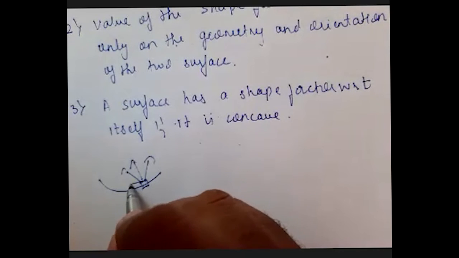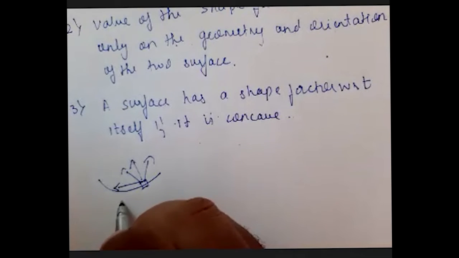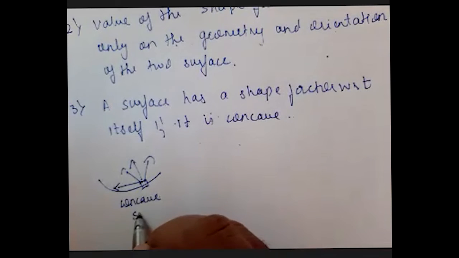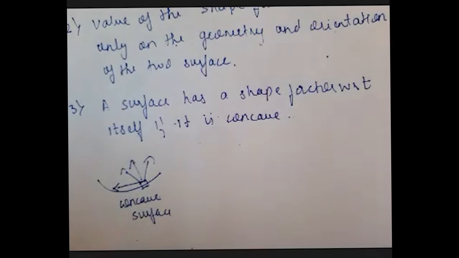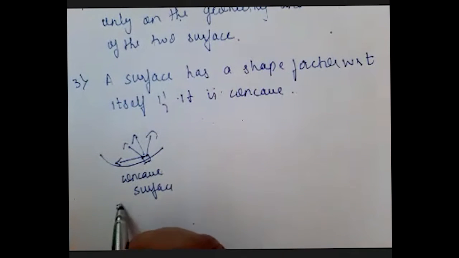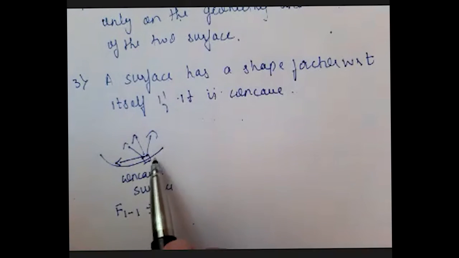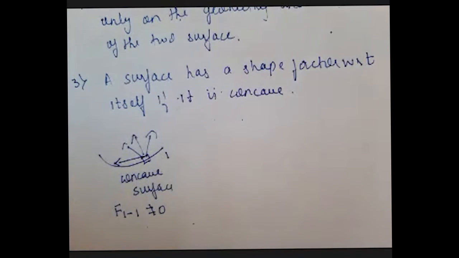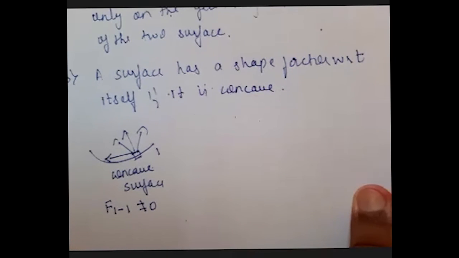Some part of the radiation is hitting back to the surface. In that case, my F11 is not equal to 0. This is only one surface, and the shape factor of 1 to 1 will never be equal to 0 because some part of the radiation is coming back to the surface.